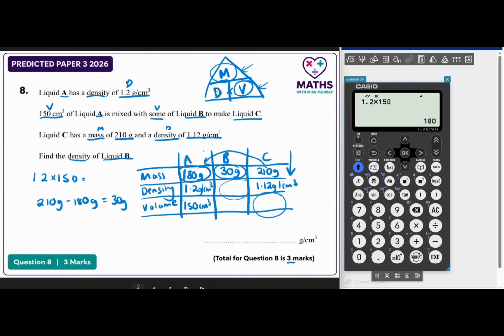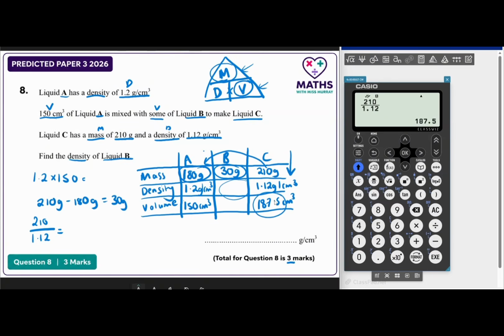So I'm going to do mass of liquid C, which is 210, divided by its density, which is 1.12, and that is going to give me the volume of liquid C. I can use my fraction button here. So I'm going to do 210 divided by 1.12. That's going to give me a fraction. All my other answers are decimals, so let's work in decimals. And that is 187.5 centimetres cubed.